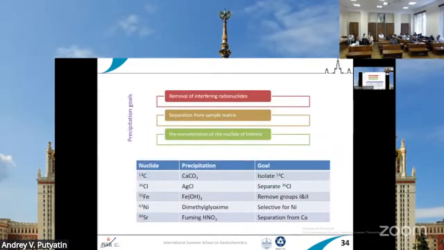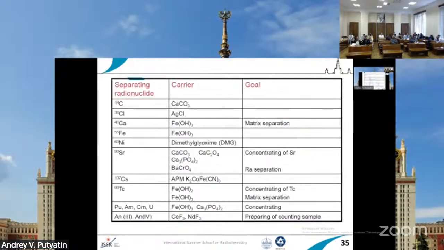So we can use this precipitation not only for concentration, but also for removal of interfering radionuclides. And there is already a list of carriers that you can use for your specific radionuclides.